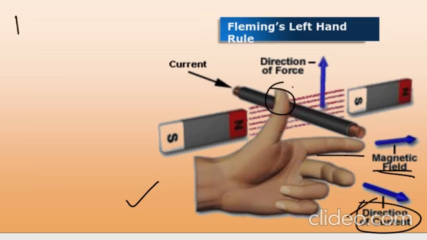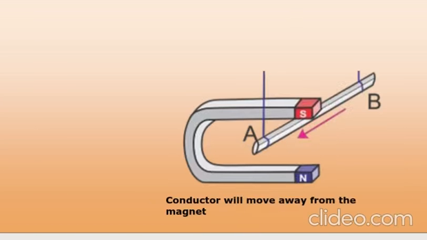So this is the FLH rule. Now here the conductor will move away from the magnet. It is not like attraction or repulsion.